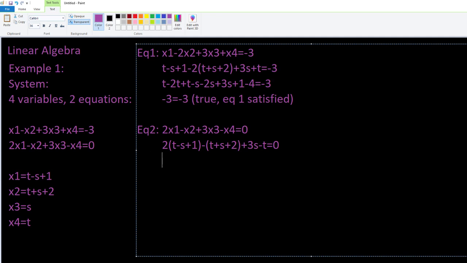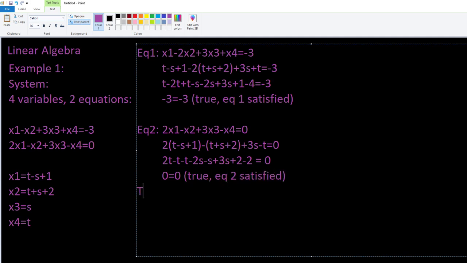Computing this and taking all the t's, you have 2t minus t minus t. You get minus 2s minus s plus 3s, and then plus 2 minus 2. So clearly this works out. You get 0 equals 0. True. Equation 2 is satisfied.